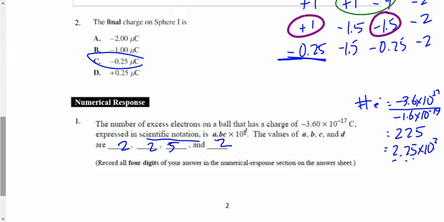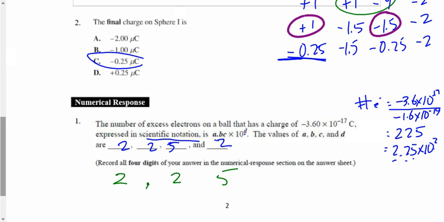B times 10 to the W. Then if that was the case, our answer would just be 2.25. Make sense? B times 10 to the W, find the value of B, 2.25. A, B, C, D, 2252. Two completely different ways of expressing the exact same answer. Just make sure you know which way you're asked to express it, that's all.